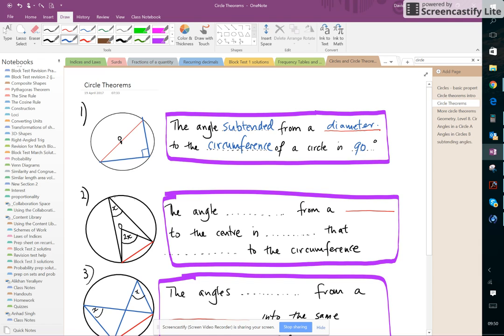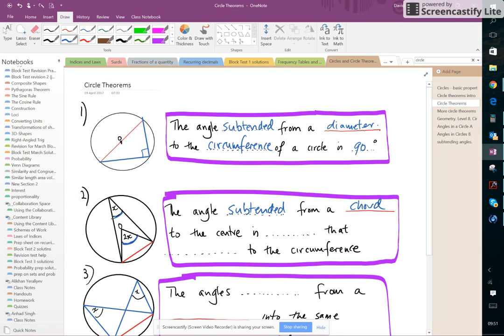Number 2 here. We've got a chord here, so that's definitely chord, and we're creating angles subtended from that chord. So the angle subtended from a chord to the center, so that's this angle here, is twice as big as the one which is subtended to the circumference.